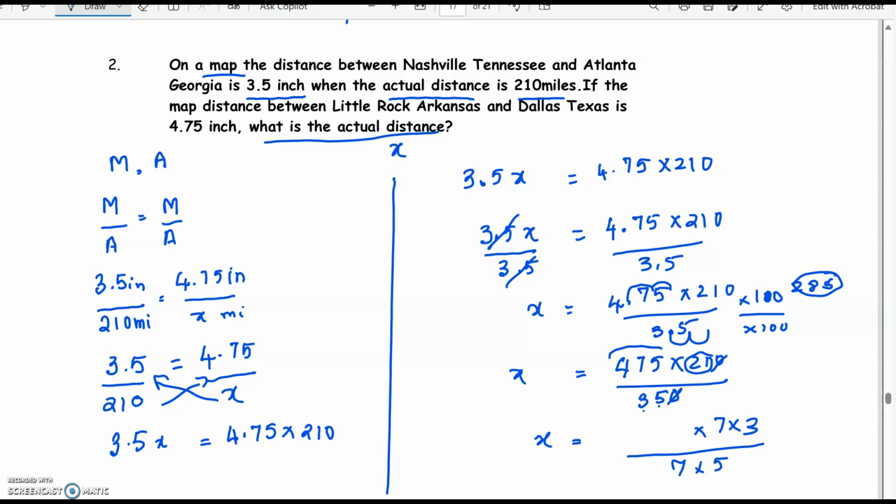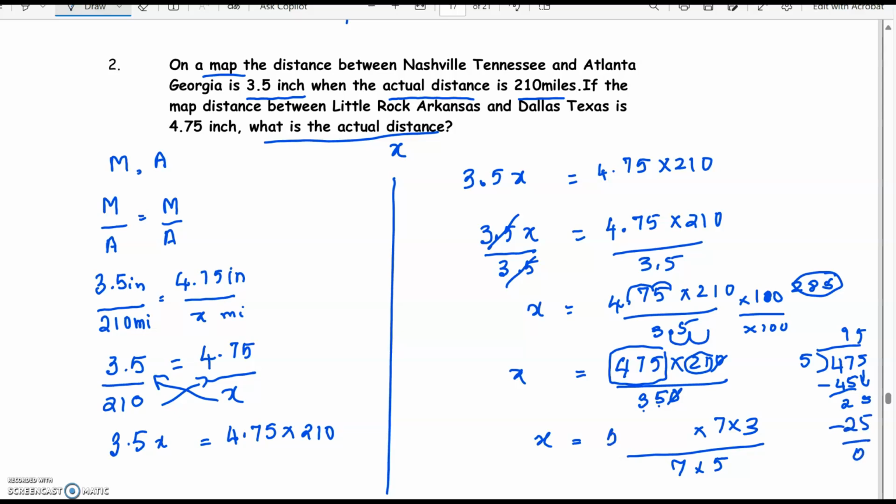I know 5 goes into 475. So let's figure out how many times. 5 9s are 45. Subtract to get a 2. Bring the 5 down. And 5 5s are 25. I subtract to get a 0.